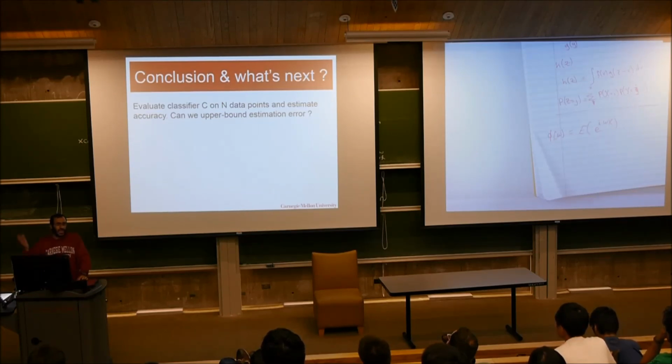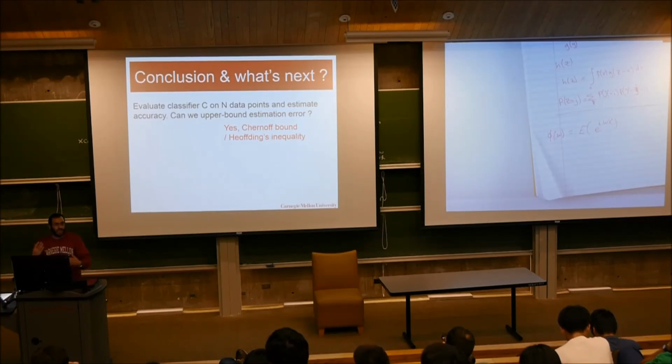So maybe the accuracy of the classifier is like 70%, but we evaluated it on 100 data points and say no, the accuracy is like 65%. So there will be some error in our estimation. Can we upper bound that error? And the answer is yes, because we know how to deal with the random variables using the Chernoff bound to solve this inequality. We can say that we are probably approximately correct regarding our estimation.